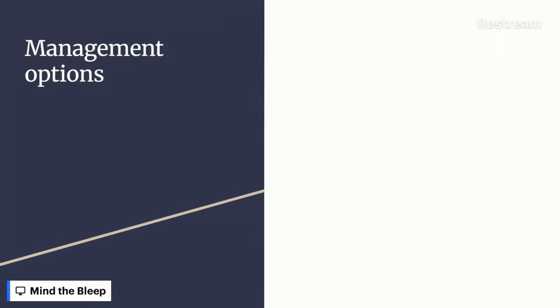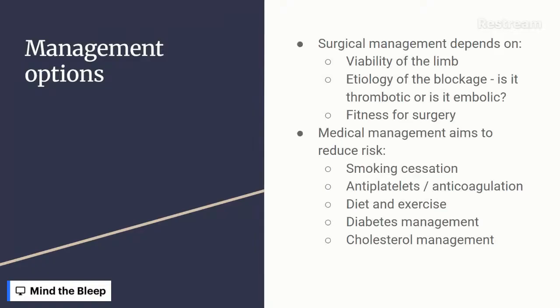Okay, so management. Obviously, these wouldn't be options for you to be deciding on, but just an awareness for OSCEs and interest. We've touched on the fact that surgical management really depends on whether the limb is viable or not.